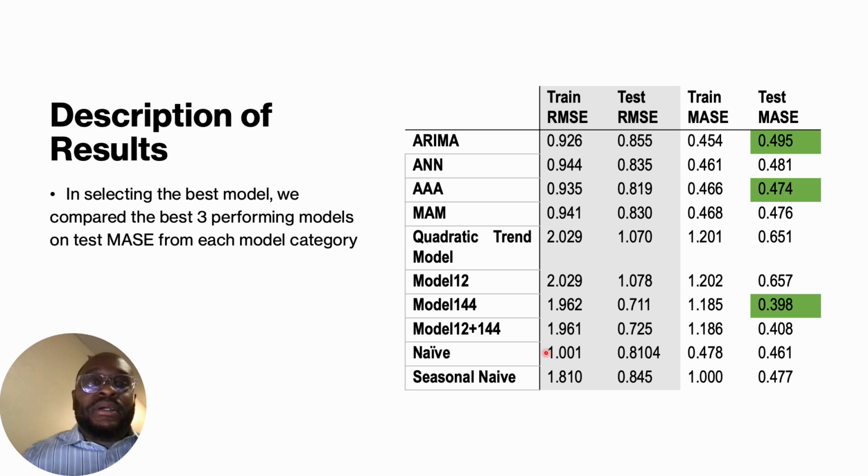For the quadratic trend model, both in goodness of fit and predictive accuracy, you can see that model 144 did better, meaning that the sine and cosine terms were able to capture some of the trend and the seasonality. In the ETS model, the AAA model did better both in goodness of fit and accuracy. This is even better than our optimal model of the ANN.